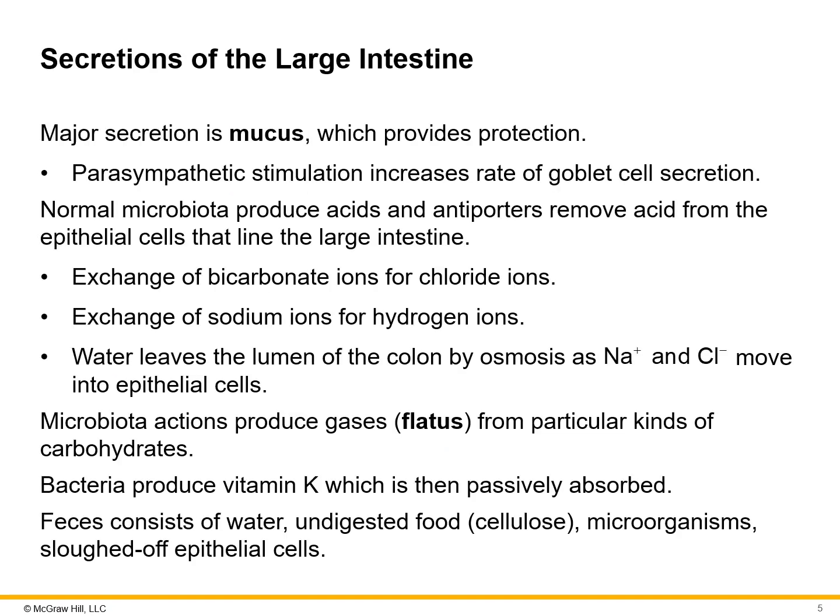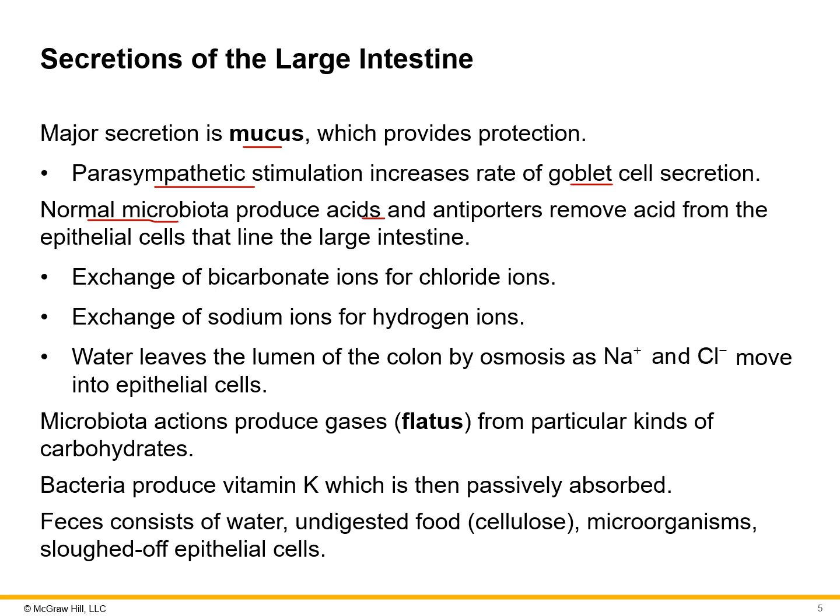Some of the secretions that occur in the large intestine, we already mentioned, again, a lot of secretion of mucus that happens here to provide that protection. Again, digestion is parasympathetic, which increases the secretion of mucus from the goblet cells. Again, that normal microbiota, lots of microbes live in our large intestine.